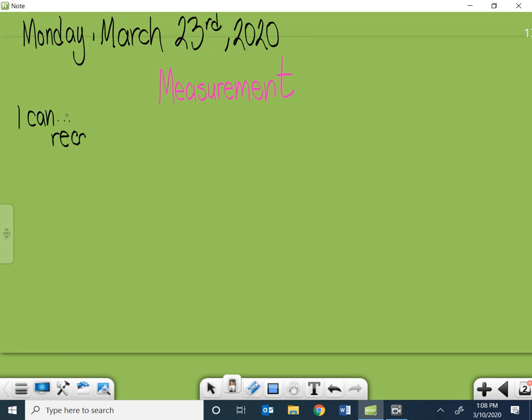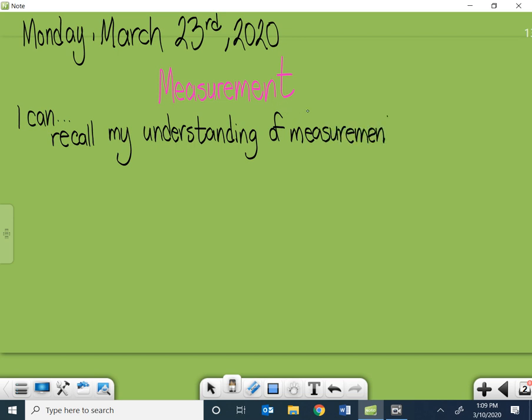recall, which just means review, right? Think back to everything. I can recall my understanding of measurement from grade 4.